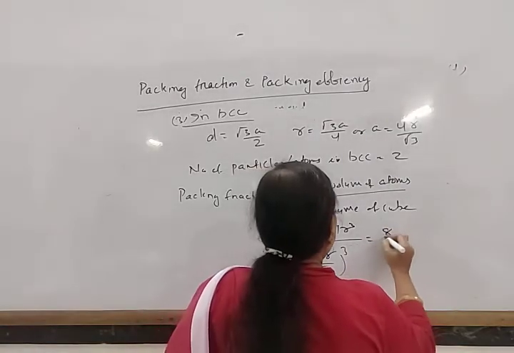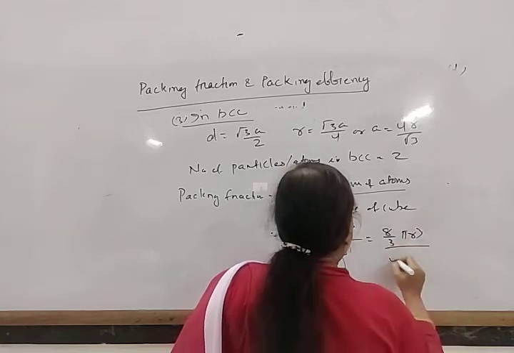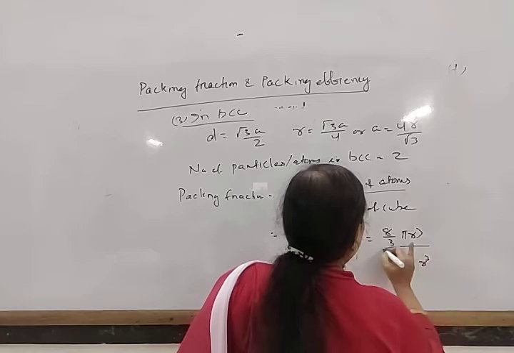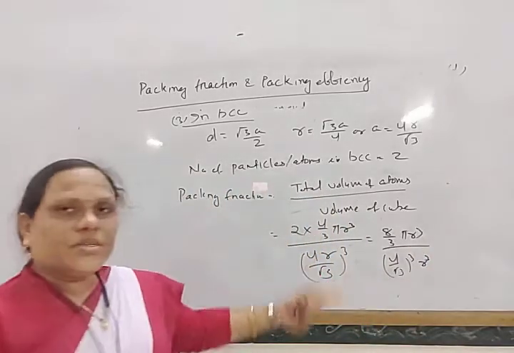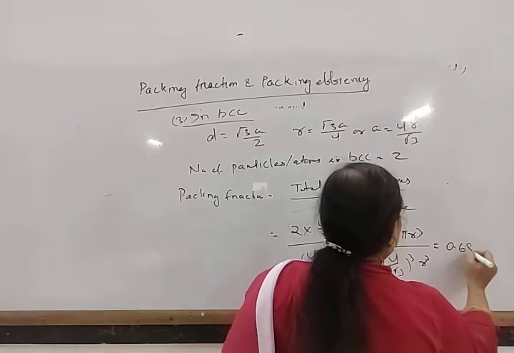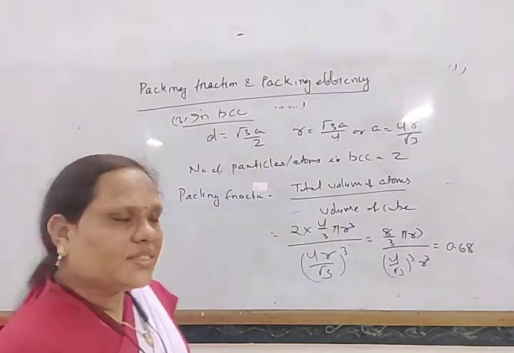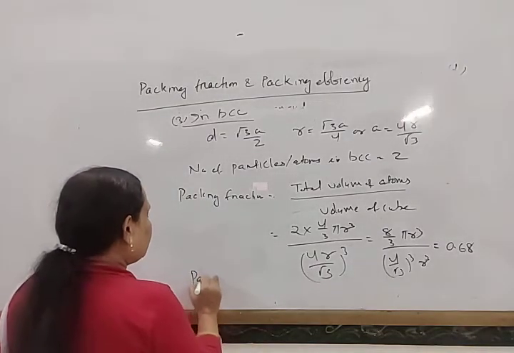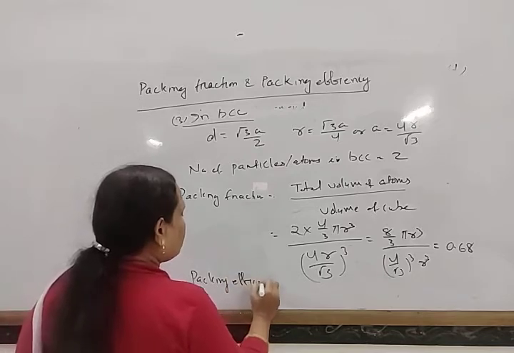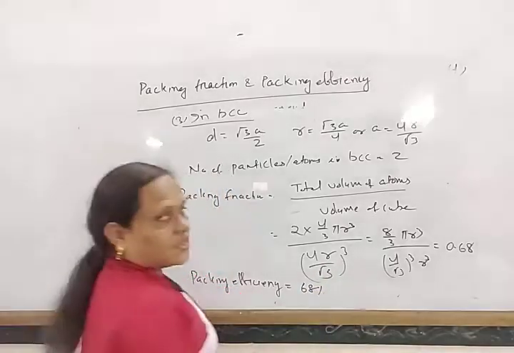It is equal to 8 by 3 pi r cube by (4 by root 3) cube into r cube. Calculate this and we will find it is 0.68. So here the packing fraction is 0.68, and packing efficiency is 68%.